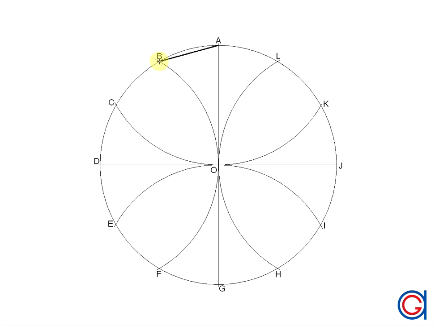So we'll join vertex A to B, B to C, C to D, D to E, E to F, F to G. This process is based on drawing two regular inscribed hexagons.